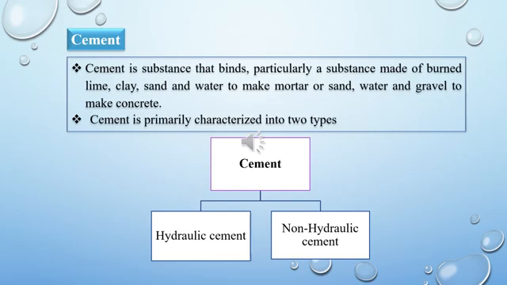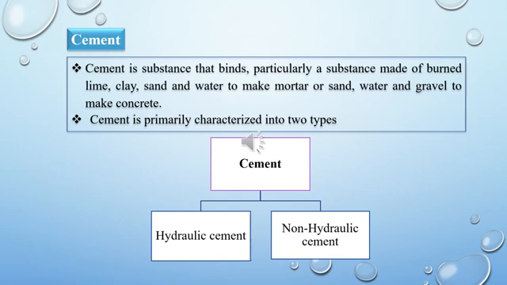So students, in this lecture till now we have discussed cement is a substance that binds the substances which are made of burned lime, clay and sand and water to make mortar, or sand, water and gravel to make concrete.